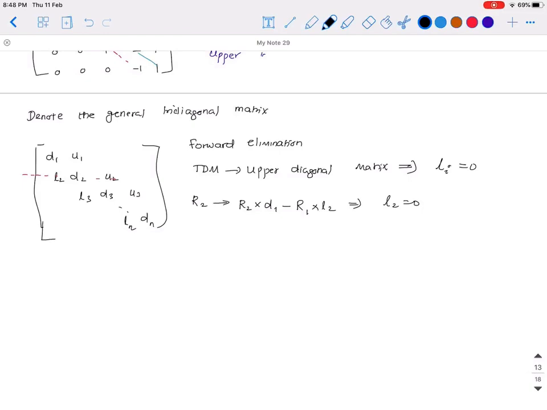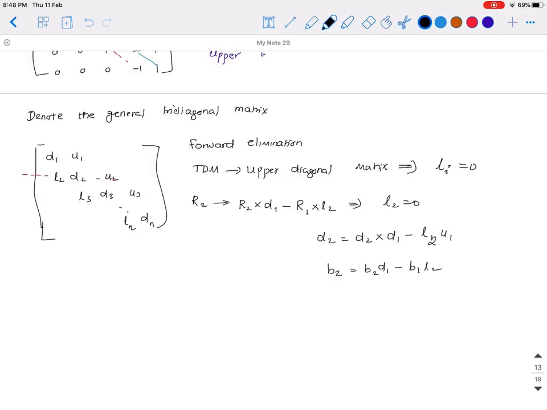You perform these row operations. L2 goes to 0 and D2 becomes D2 times D1 minus L2 times U1, and similarly the right hand side, which I missed here, is B2 times D1 minus B1 times L2.